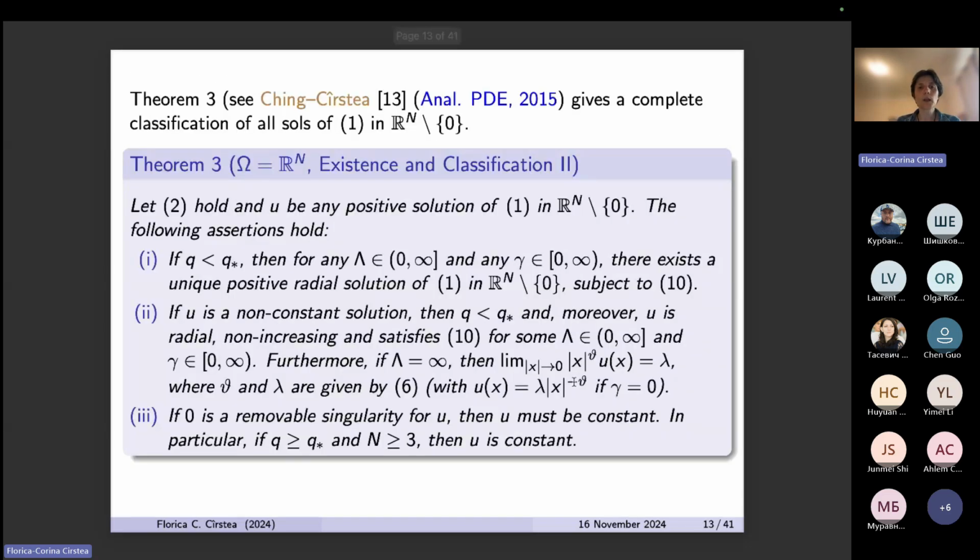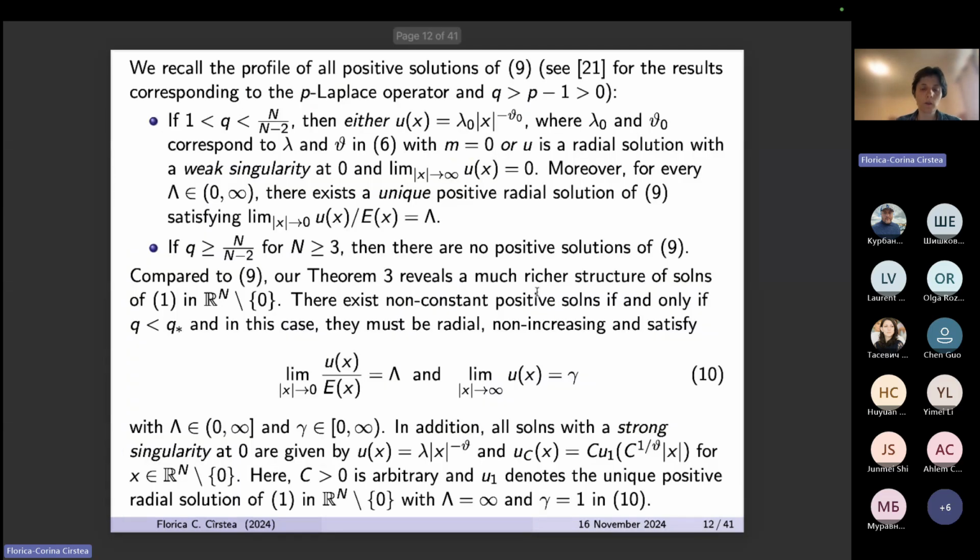Okay, so then we confirm this aspect in theorem 3, the existence and classification. So what we have, again, if q is subcritical, for any lambda that is positive or potentially infinity, and for any gamma non-negative constant, there exists a unique positive radial solution in Rn minus 0, which satisfies condition 10 at 0 and at infinity.